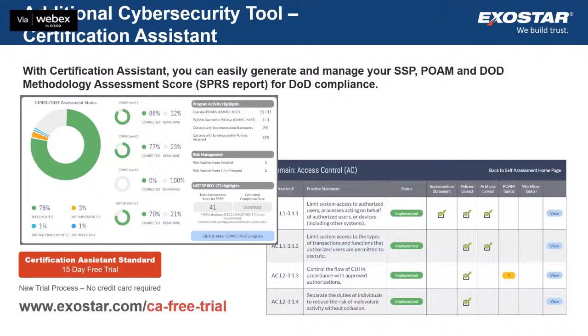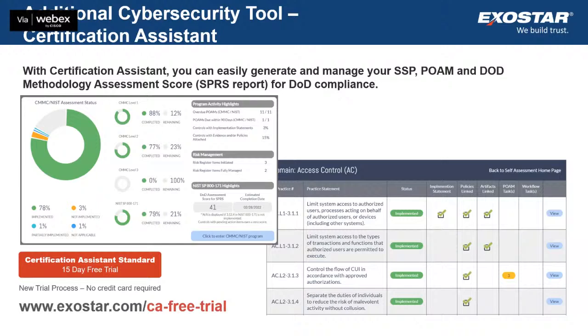Certification Assistant walks you through each of those 110 controls, not only those policy statements or how you're implementing those and their relevant policies, but also the artifacts that prove how you've implemented those policies. If you haven't implemented a policy, it handles the creation and generation of the POAM for that, and then, as I mentioned before, the actual scoring of how you're doing.